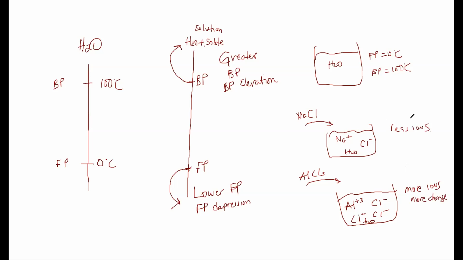So between those three, pure water, fewer ions, and a lot more ions, because the last one has more ions dissolved, and they interfere with the boiling point and the freezing point, it's going to have the lowest freezing point and the highest boiling point. So more ions, or in other words, greater concentration.